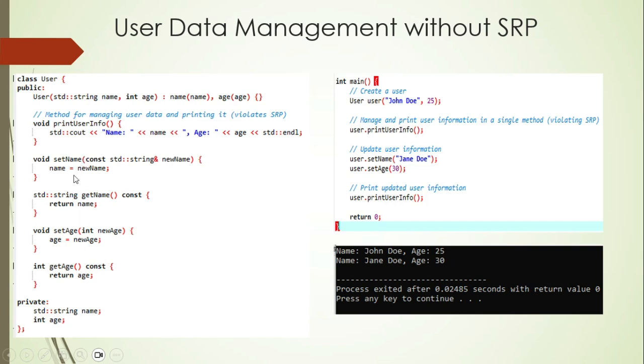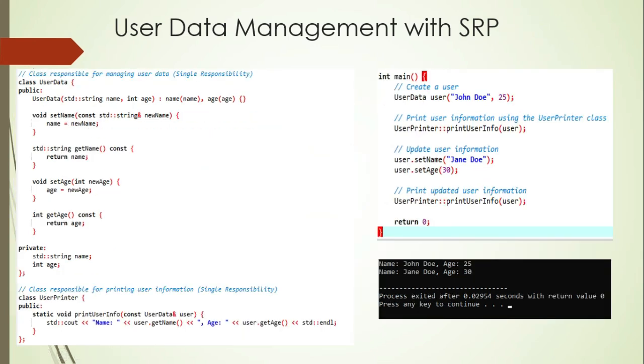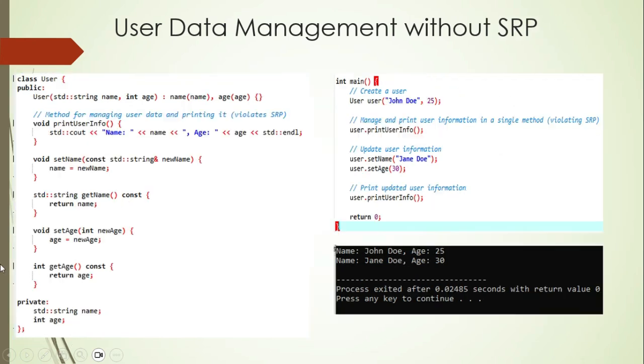So this is printUserInformation, which is a method here. As compared to the previous code, where we took UserPrinter as a separate class, here printUserInformation is taken as a method.